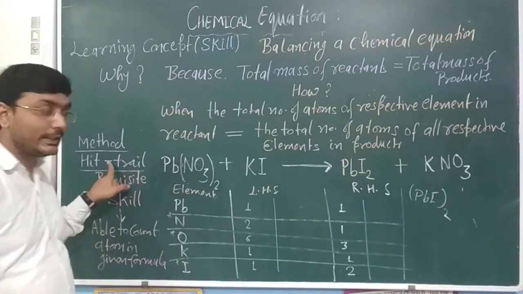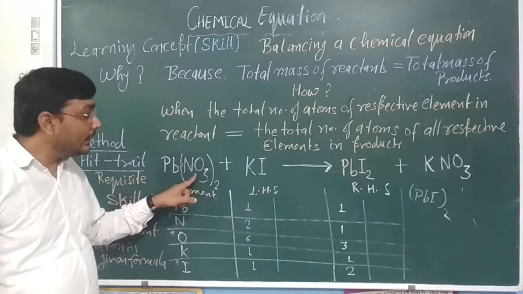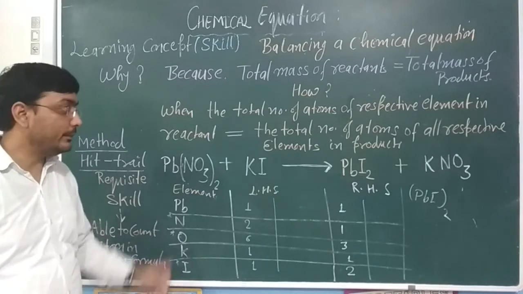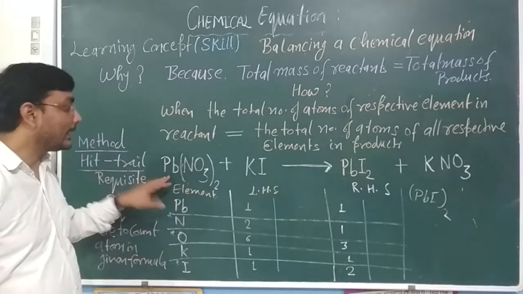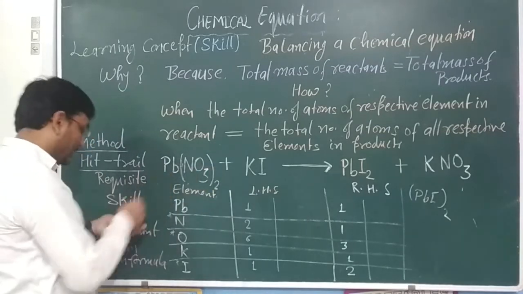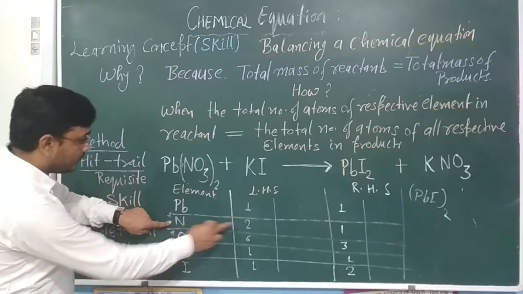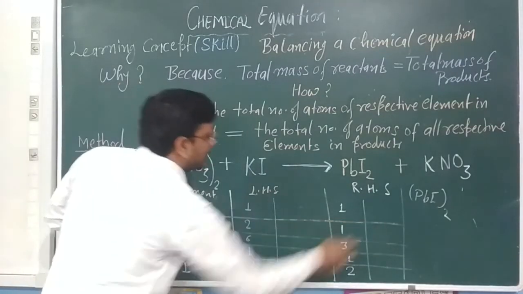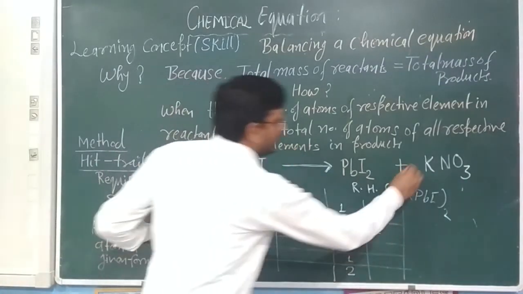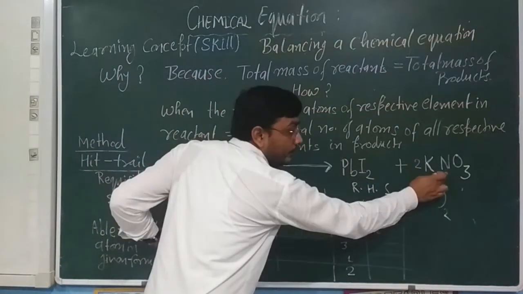By using the hit and trial method, we will balance oxygen and hydrogen atoms at last. First we should balance the other elements. So let us try. How will you write it? Just a number. Suppose nitrogen is 2 here, to make nitrogen 2 on this side also, we need to write 2 here. Now nitrogen became 2, right?